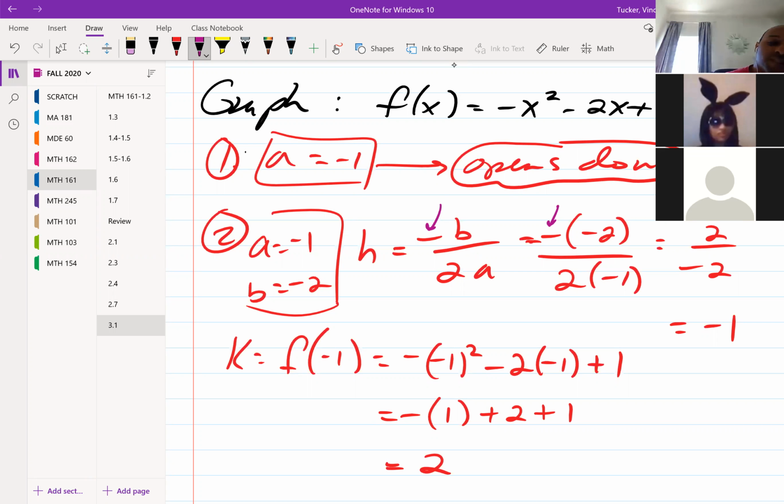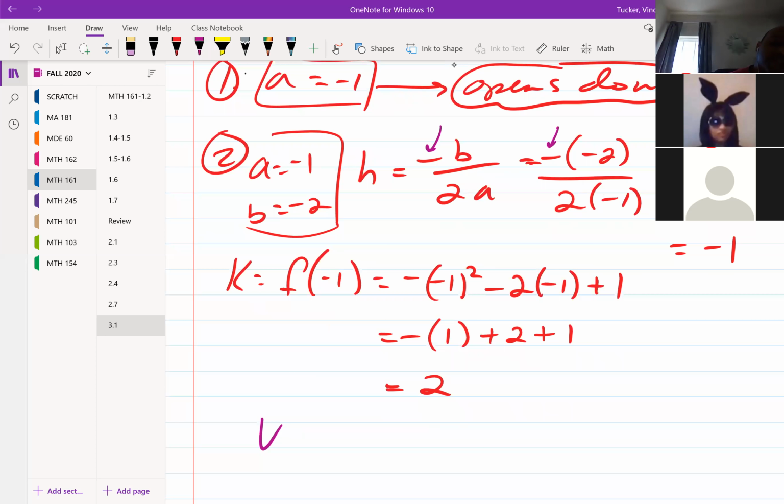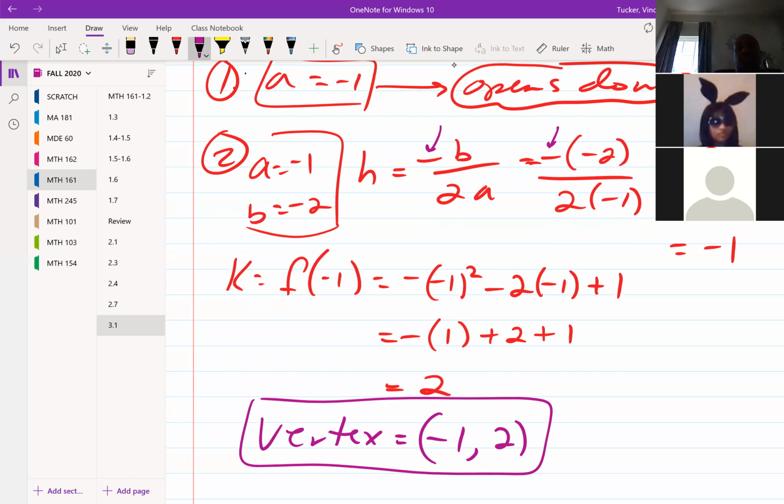So your vertex is -1, 2. Of course, make sure you're careful with those negatives.